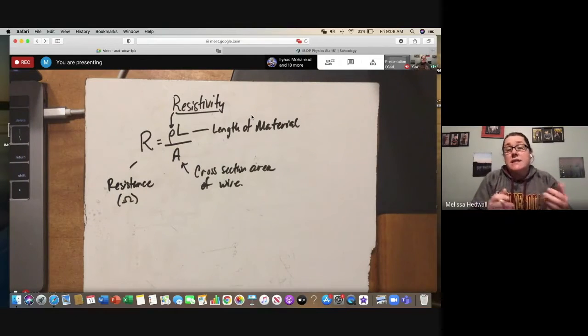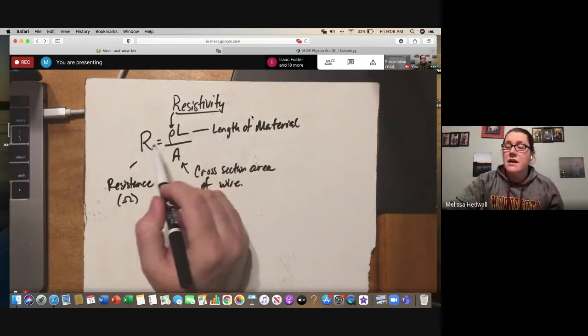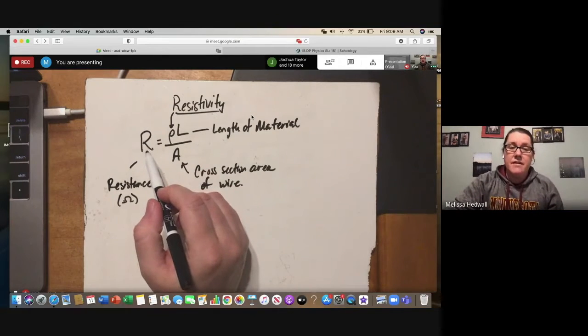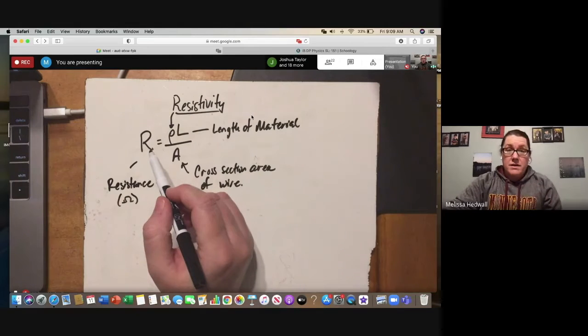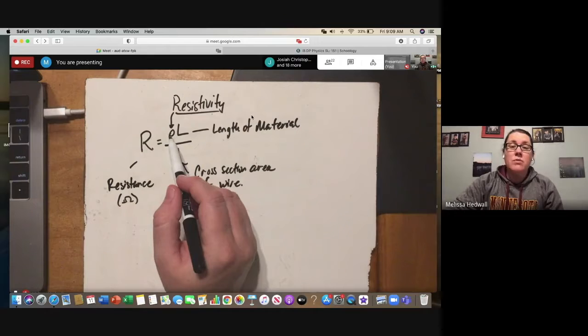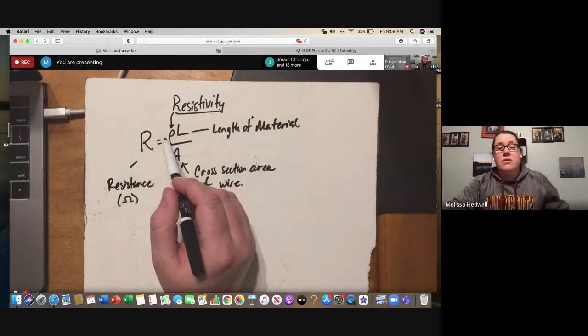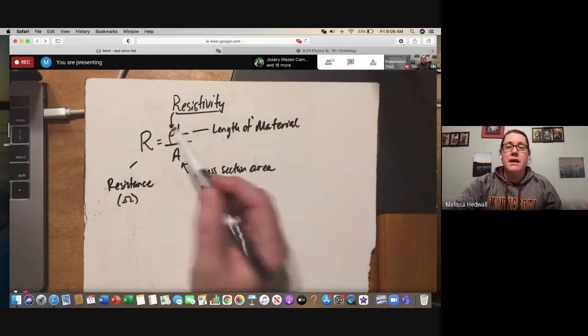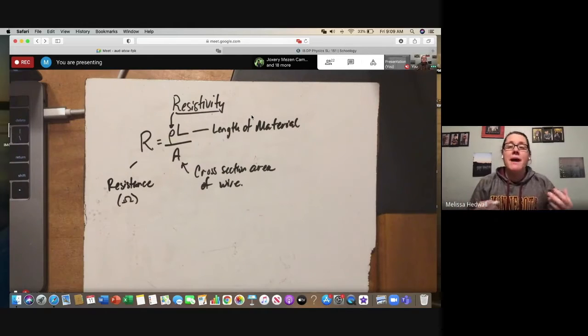However, there is some resistance from the wires, and the longer the wires are, the more resistance you're going to have. This is why they make wires of really specific material, because you want a material with a really low resistivity that allows the current to go through without messing with it too much. Which metal you use will depend on the outcome you get.